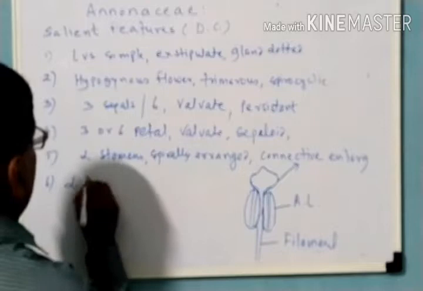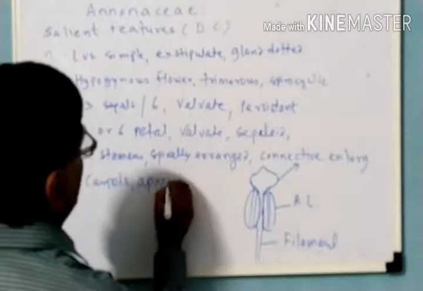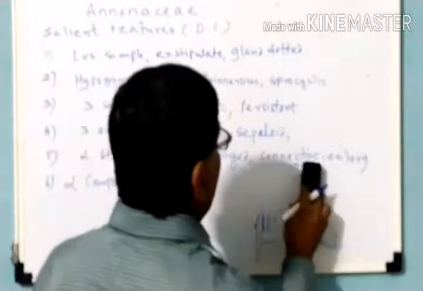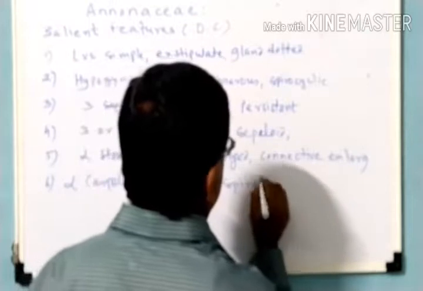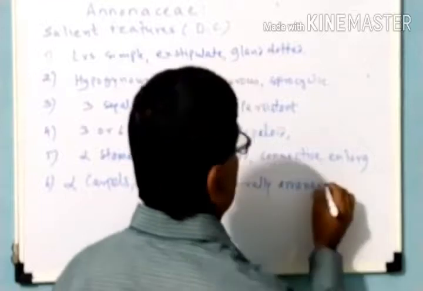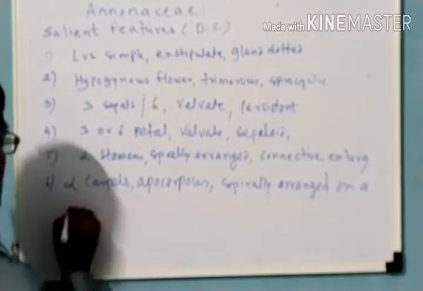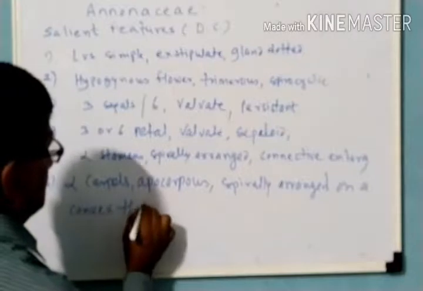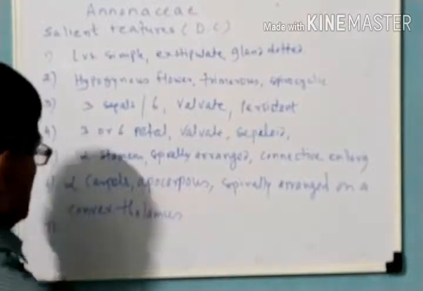Apocarpous means they are free, and spirally arranged on a convex thalamus. Spirally arranged on a convex thalamus.